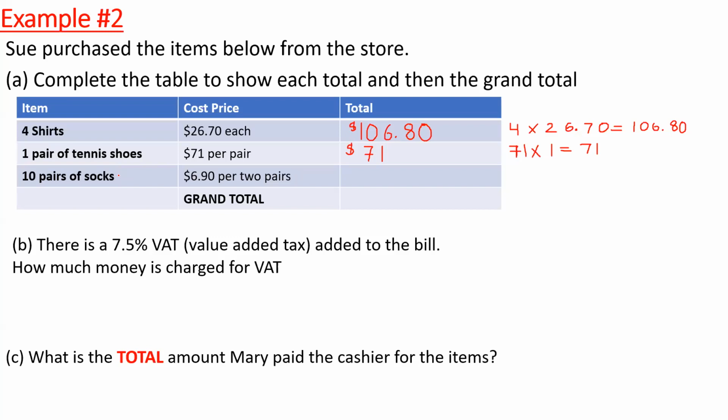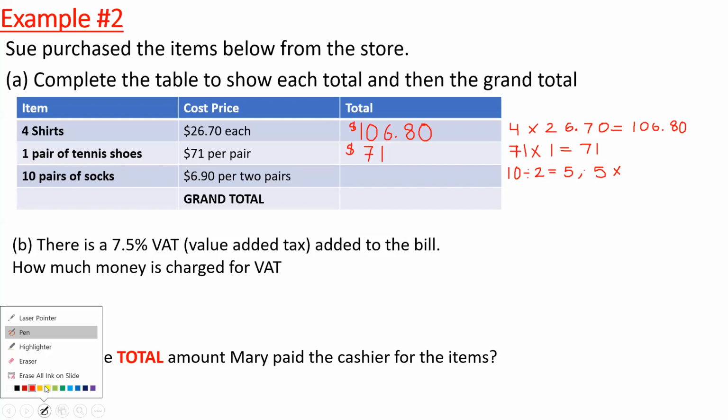Okay, good. Now we have 10 pairs of socks. What's the first thing that we're going to do? You have to divide 10 by 2. 10 divided by 2 is 5. And then that's going to be 5 multiplied by what? $6.90.